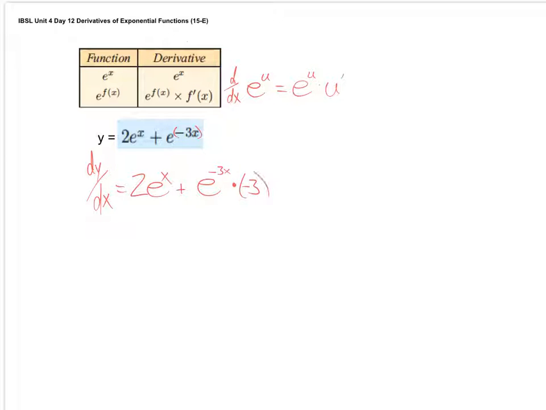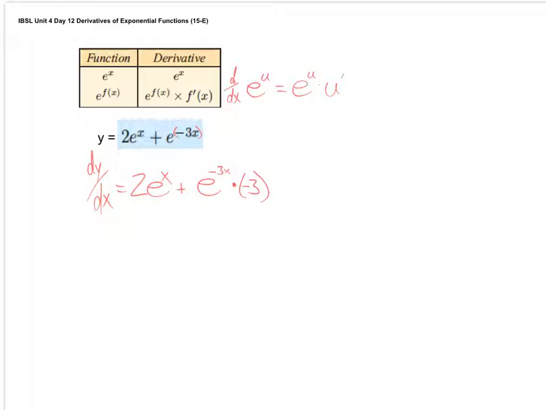The derivative of e to a power is e to the power. So that's why we have the e to the negative 3x. But then we have to use our chain rule. This is the chain rule part right here. The derivative of the outer function is e to the power. Then we have to take the derivative of that power. So in this case, it's negative 3.